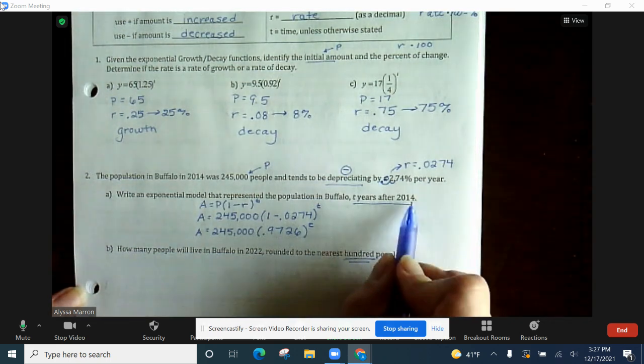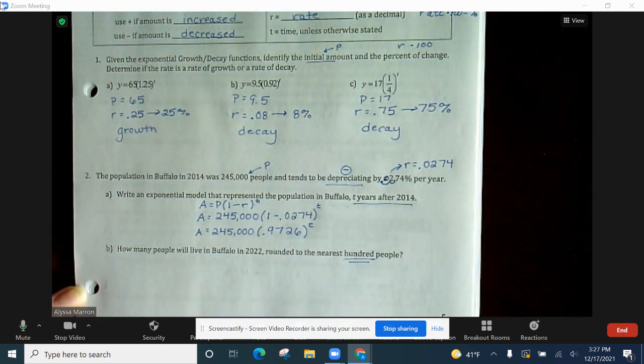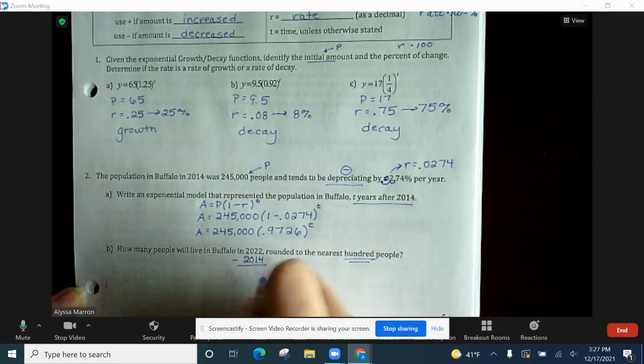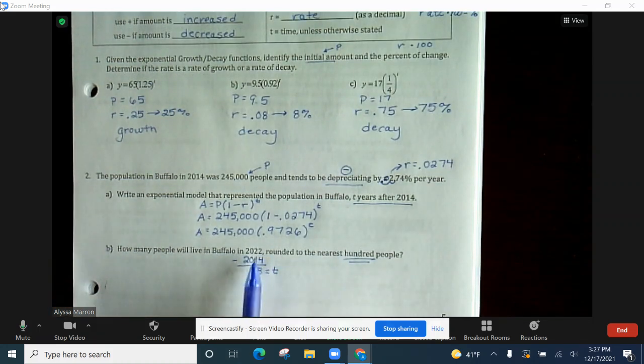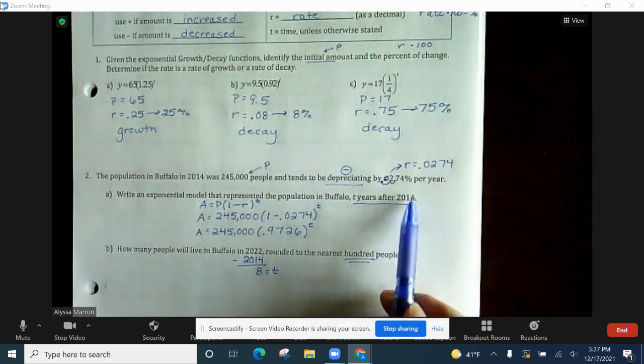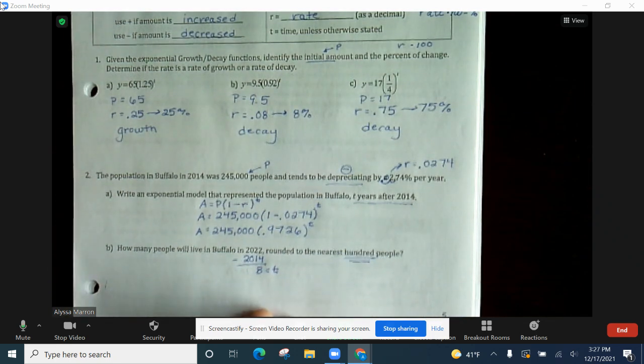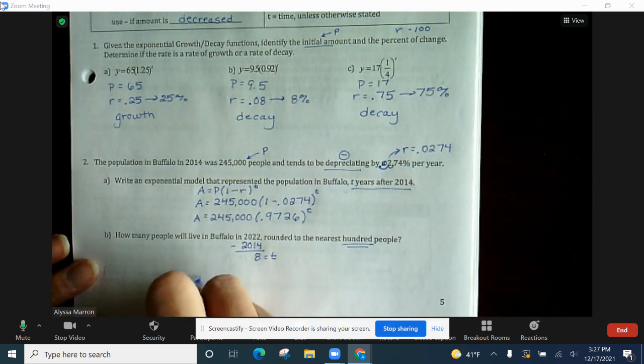How many years after 2014 is 2022? We can easily do that by just taking the difference in those years, subtracting those out, and we get our time in this scenario would be 8 years, because 2022 is 8 years past 2014.